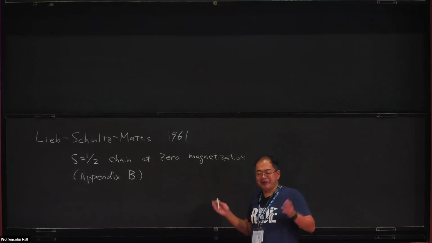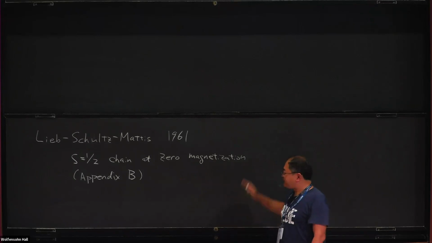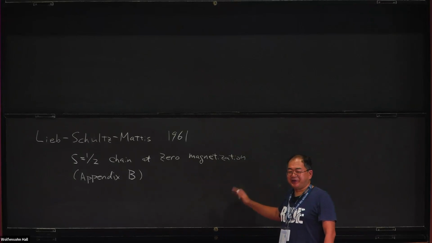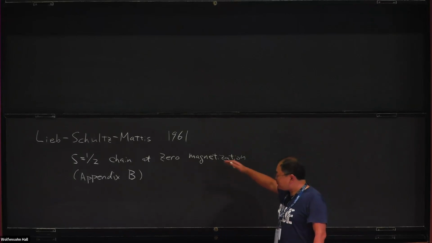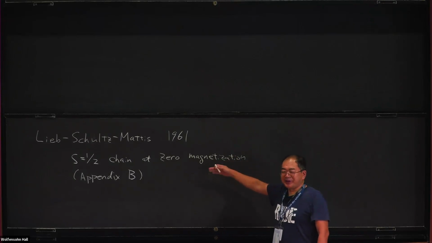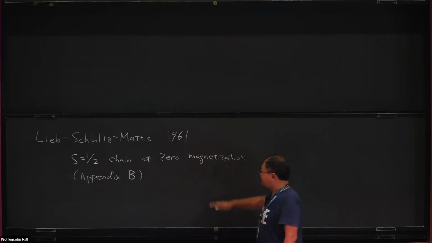And then maybe they gave up. But of course, that was related to the Haldane conjecture. So maybe they almost found a signature of the Haldane gap. But anyway, they didn't go further.